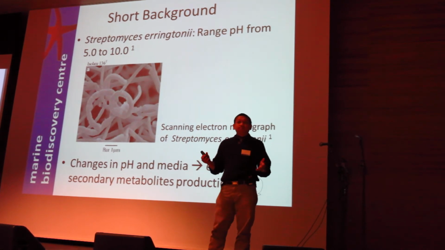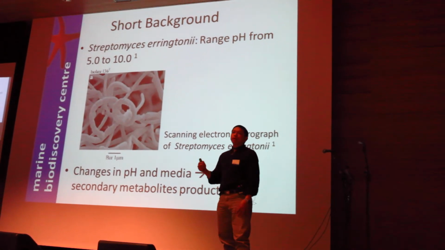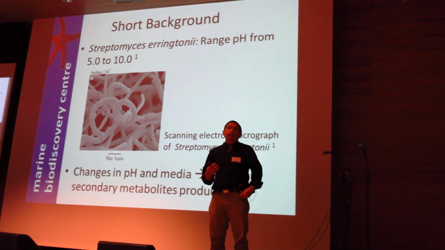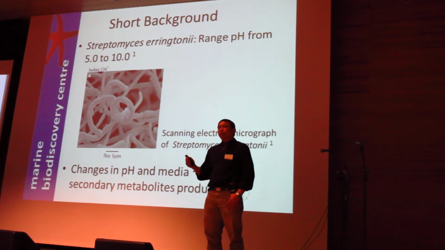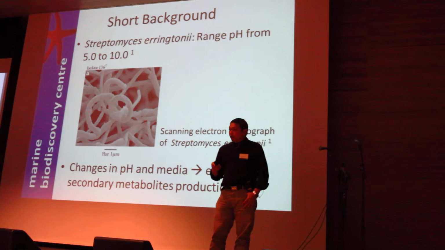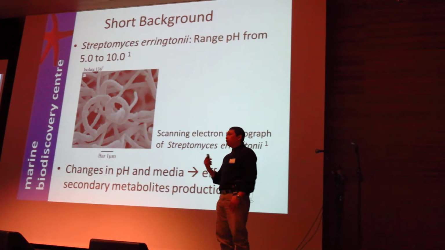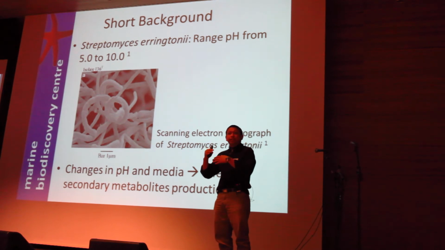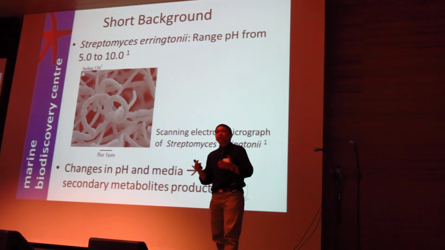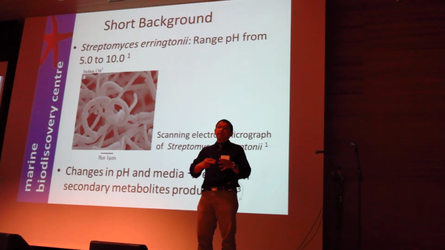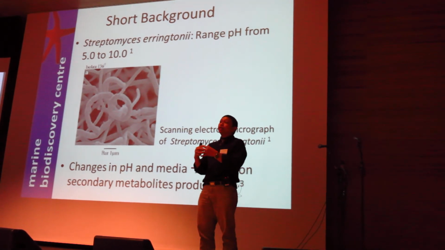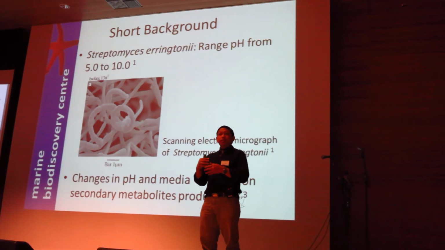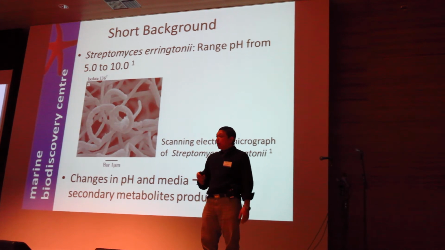And it's kind of mesophile because it grows at 10 until 30 degrees Celsius. And we would like to know if we push it further to higher pH, can the Streptomyces cope with the different pH?